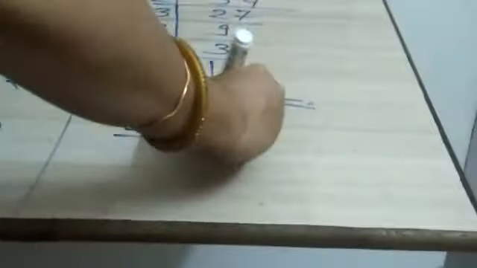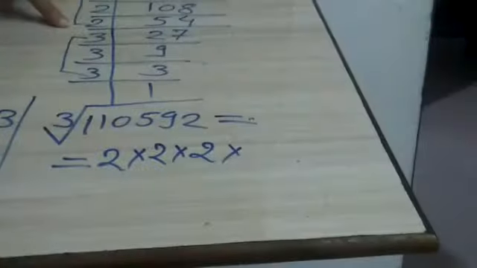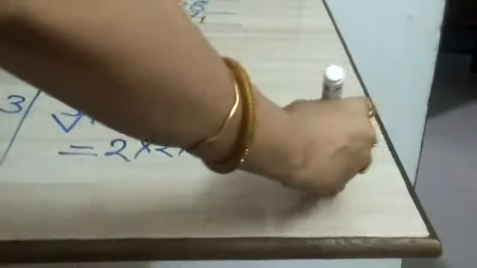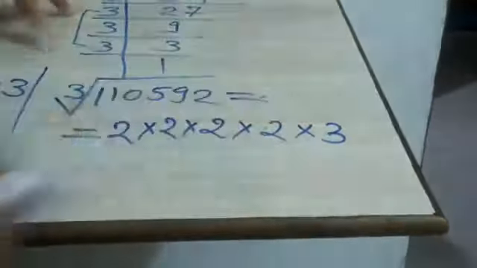For this 3 twos one 2 will come. For this 3 twos one 2 will come. For this 3 twos one 2 will come. For this 3 twos one 2 will come, and for this 3 one 3 will come.